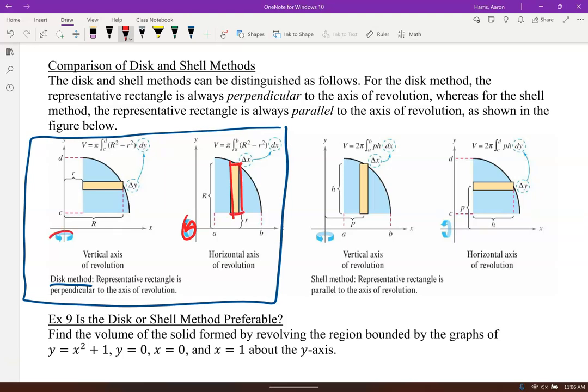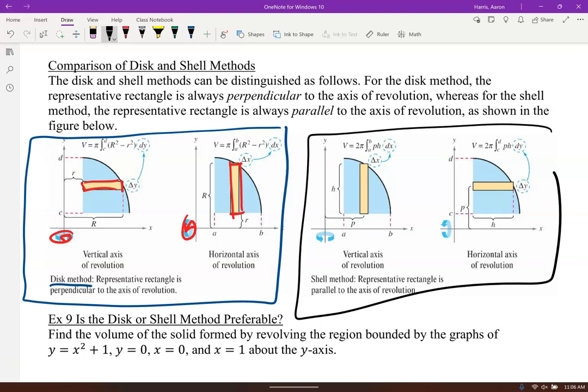Or if we do it around the y-axis, we had to be perpendicular to that. Our shell method, on the other hand, we're staying parallel. So we spin it around the y-axis, we cut it parallel to the y-axis, and we're spinning those cylindrical shells and summing them all up.